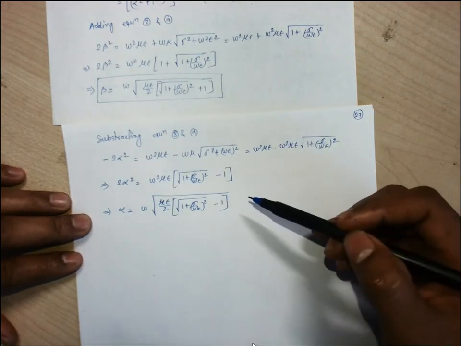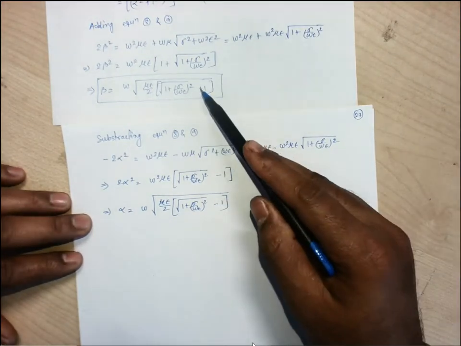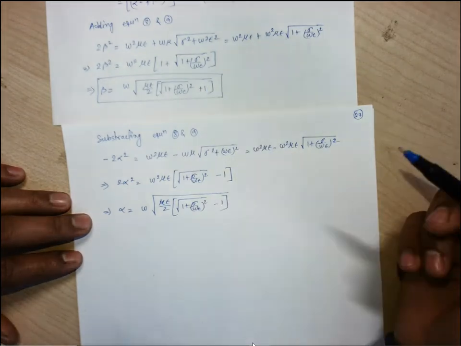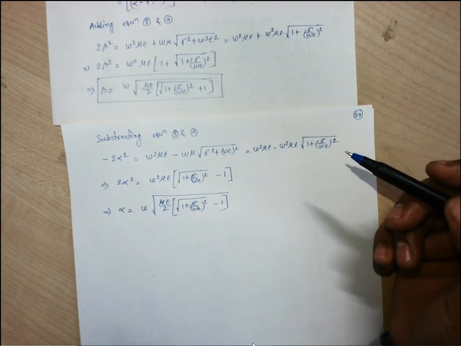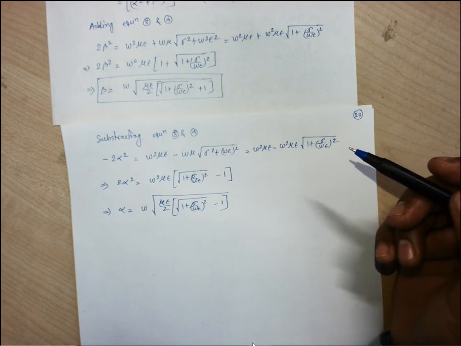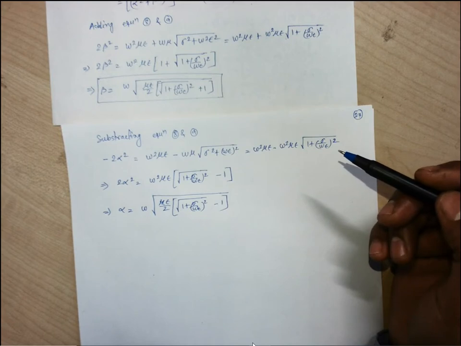So where is the difference? Only this one is plus 1, this one is minus 1. So it is omega root over of mu epsilon by 2 into root over of 1 plus sigma by omega epsilon whole square, plus 1 is for beta and minus 1 is for alpha.